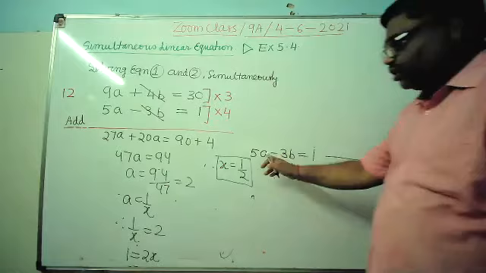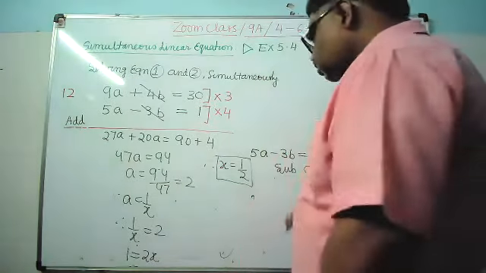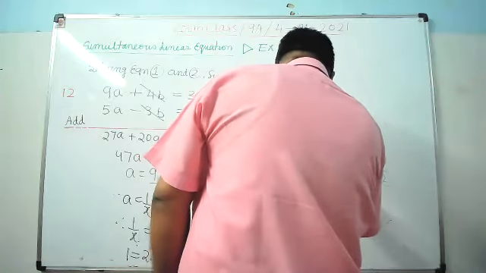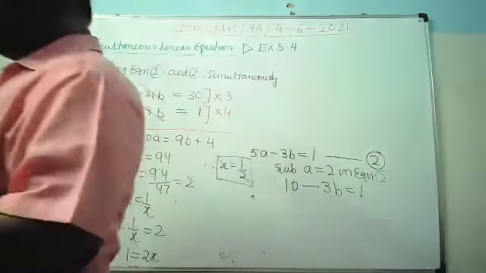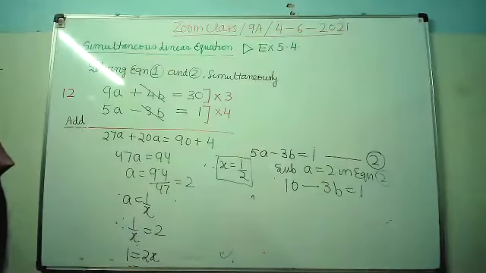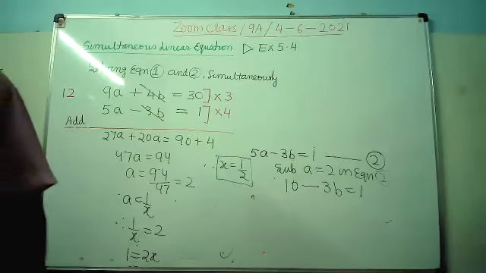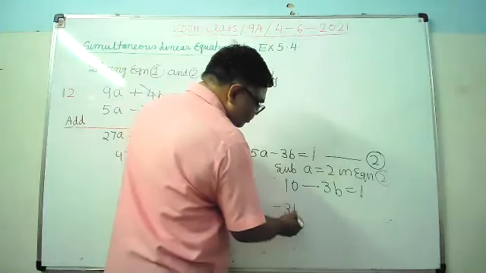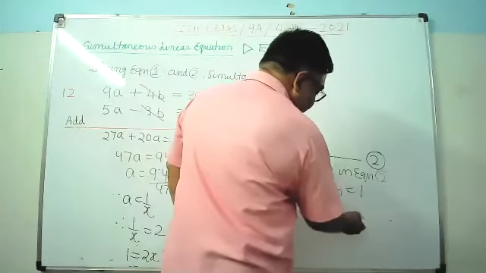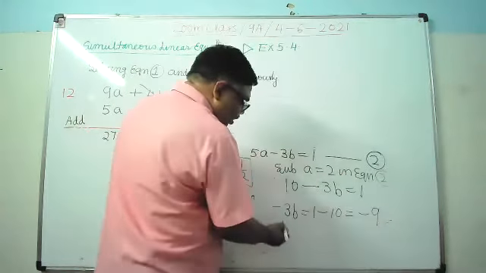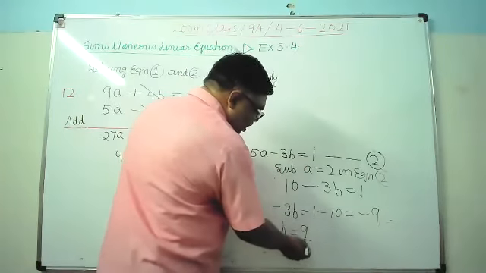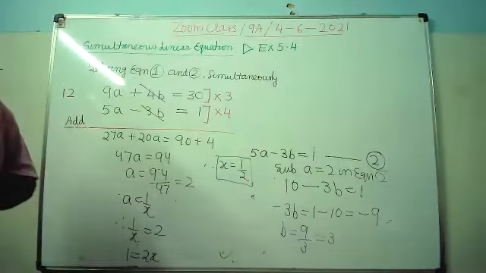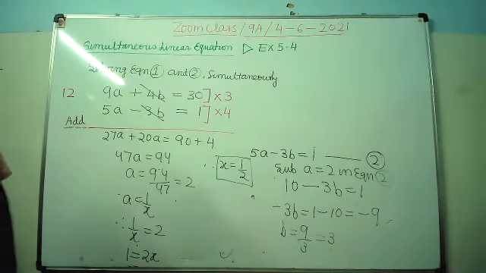I will substitute a equals 2 here. 5 into 2 is 10, minus 3b equals 1. So 1 minus 10, that is minus 9. So what is b? 9 upon 3 equals 3. So b equals 3. Is it clear?